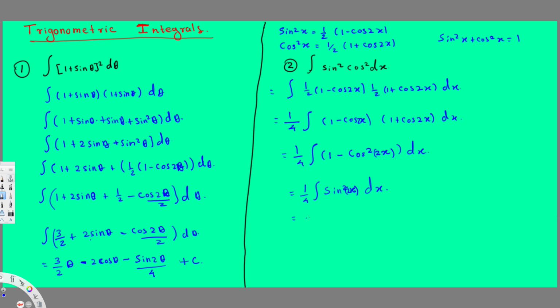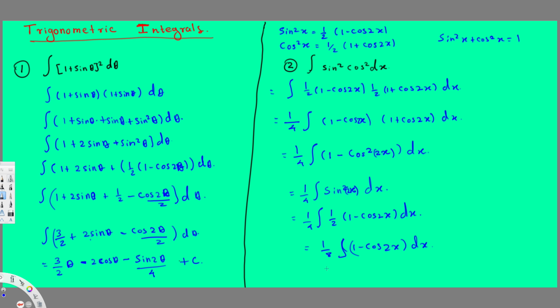Then if I substitute the value for sine square, that's going to be half times 1 minus cos 4x dx, and if I bring the half to the front, that's going to be 1 over 8 integral of 1 minus cos 4x dx.